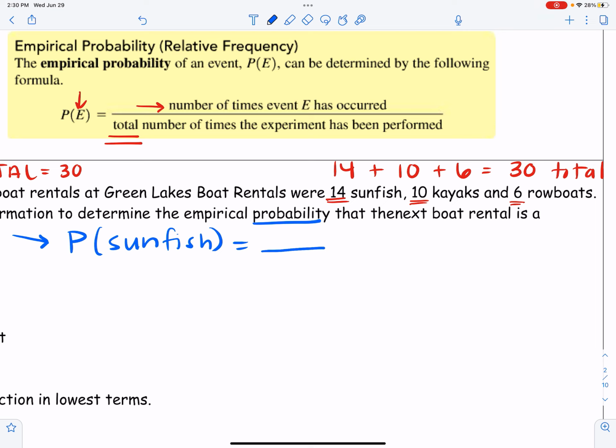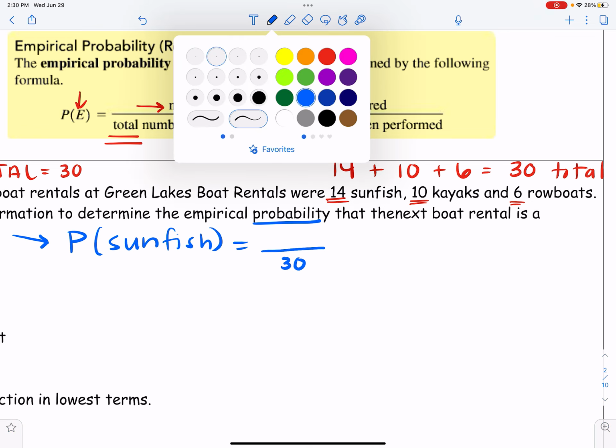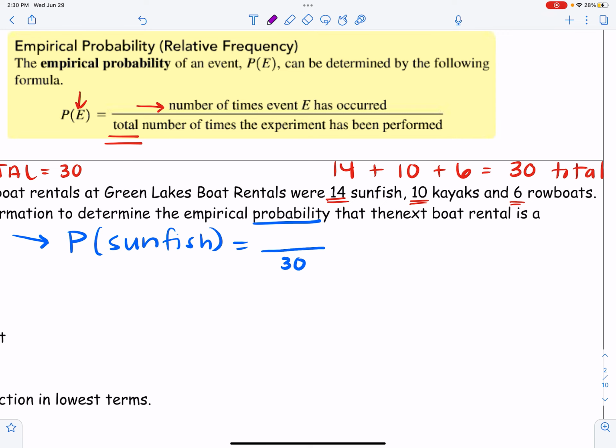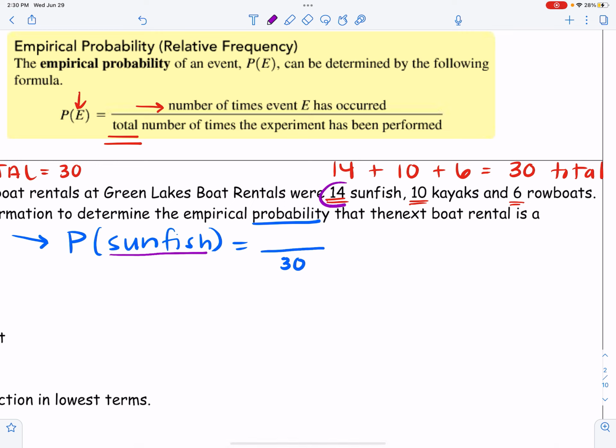I always take the total and put that number on the bottom of my fraction. And then for the number up top, I look at how many times this particular event occurred. All right, 14 of the rentals were sunfish. So the probability that the next boat rental is a sunfish is 14 divided by the total of 30.